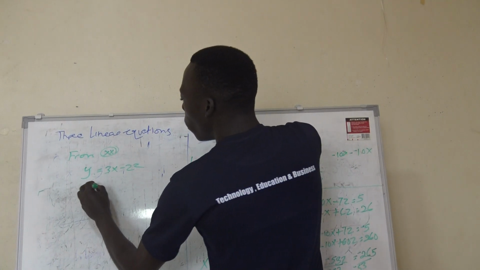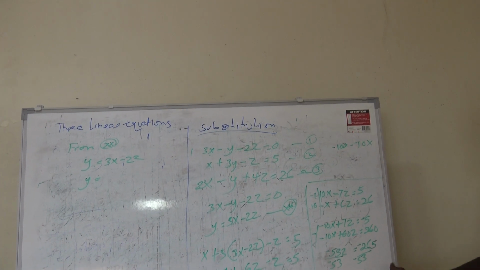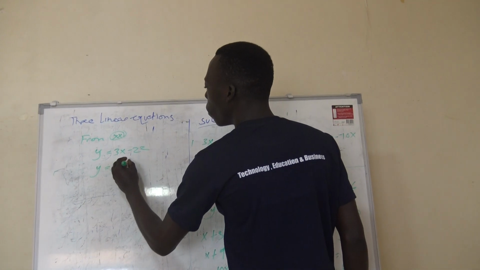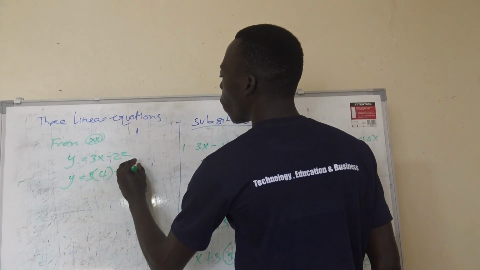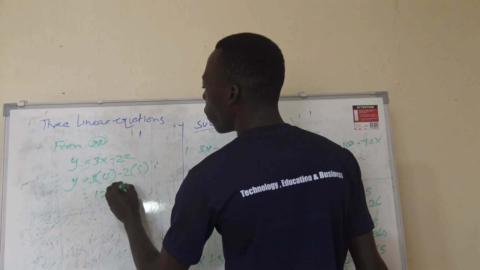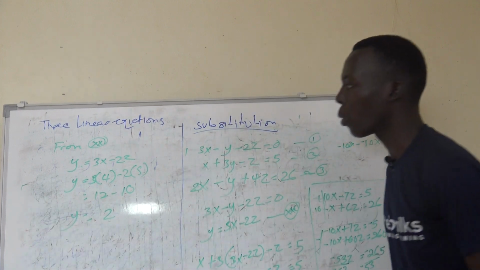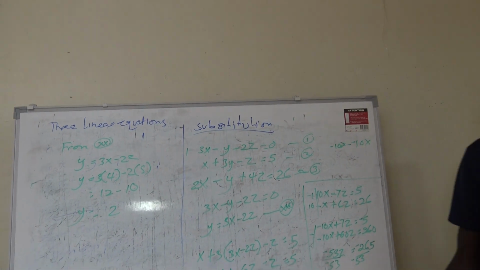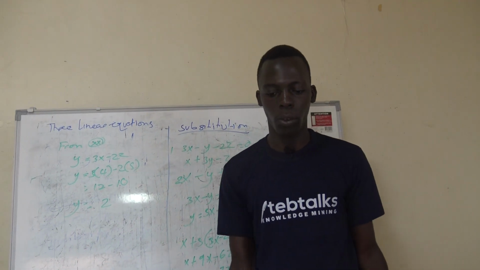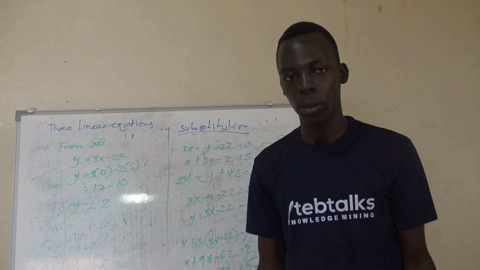Our y will be 3 into 4 minus 2 into 5. So this becomes 12 minus 10, which will give us 2 as y. So that's the way we can solve the linear equations using substitution. So that is it.